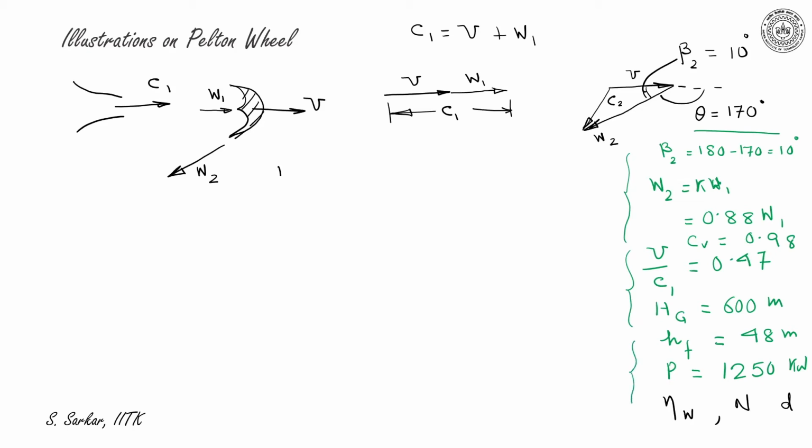Hence, eta W, that is the efficiency of the wheel, can be stated as power developed divided by energy available.